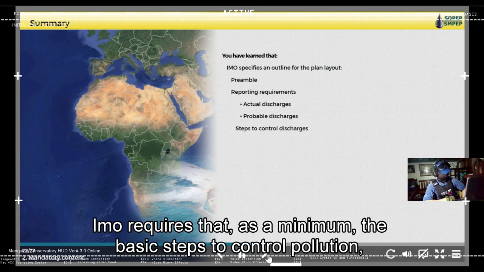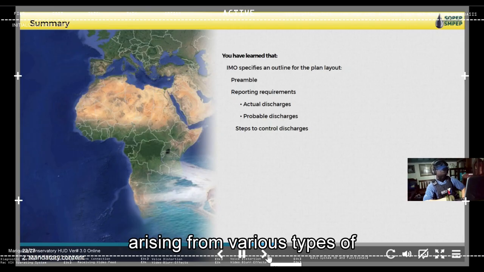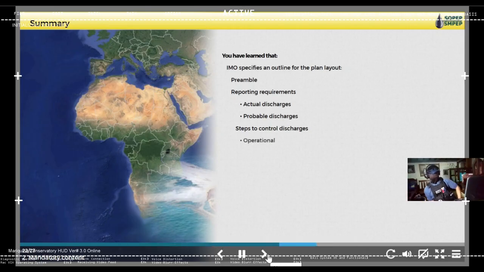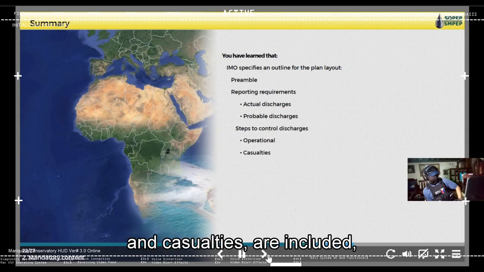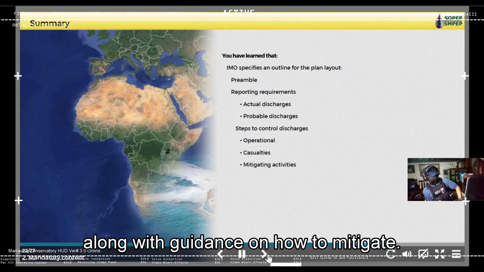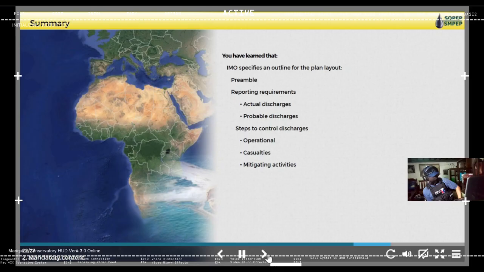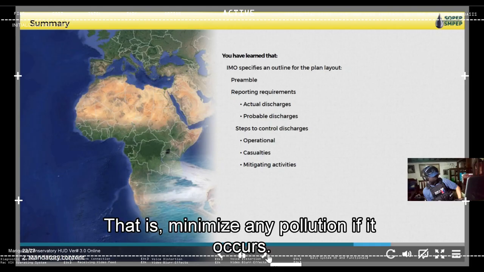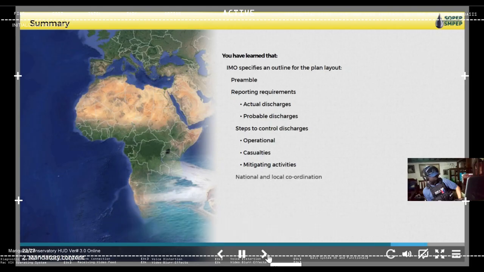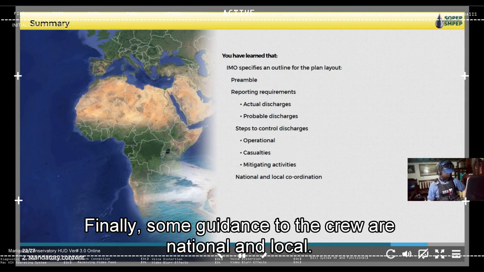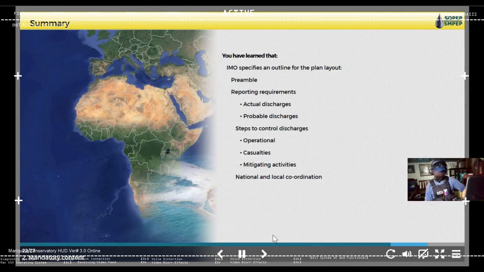IMO requires that, as a minimum, the basic steps to control pollution arising from various types of operational incidents and casualties are included, along with guidance on how to mitigate, that is, minimize, any pollution if it occurs. Finally, some guidance to the crew on national and local coordination is required.